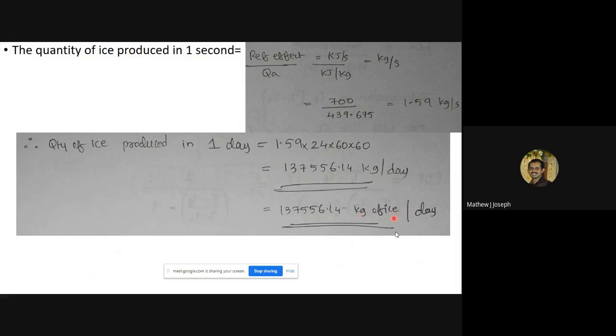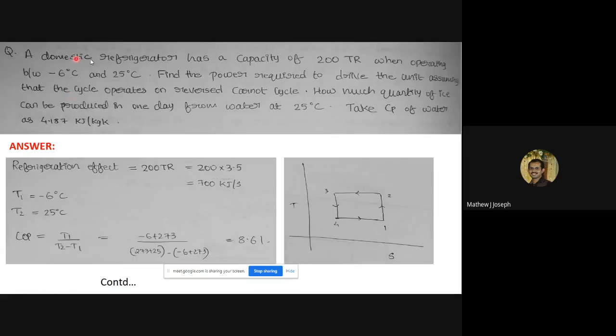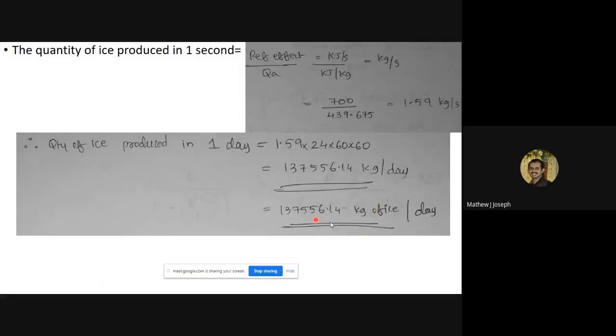So this much quantity, around lakhs of kilograms of ice, can be produced in one day by a simple domestic refrigerator with a capacity of 200 TR operating between -6 degrees Celsius and 25 degrees Celsius. So now we know the capacity of our refrigerator. So now this is the answer.